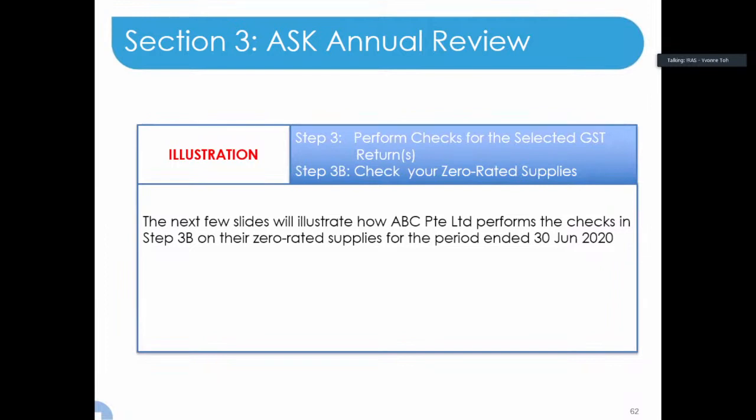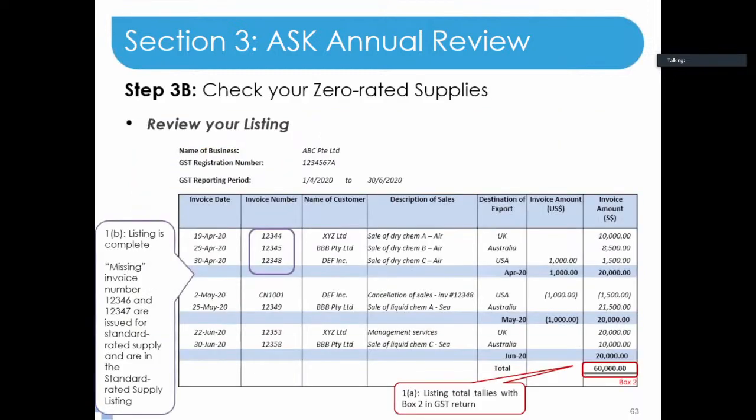So we will be using ABC Private Limited to illustrate the checks that need to be performed on their zero-rated supplies for the selected return, which is for the period ended 30th June 2020. What you see on screen is the zero-rated listing of ABC Private Limited.